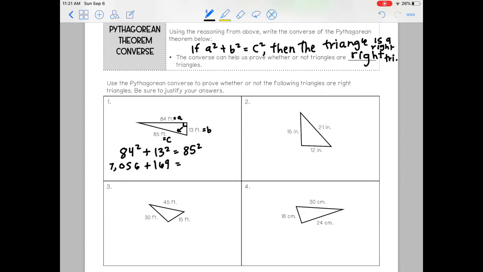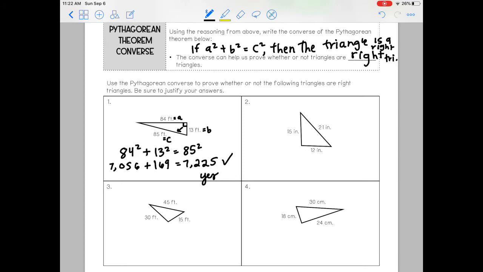If we add these two together, this would give us a value of 7,225. Is 7,225 85 times 85? Yes, so this would be true. Yes. Let's do another one.